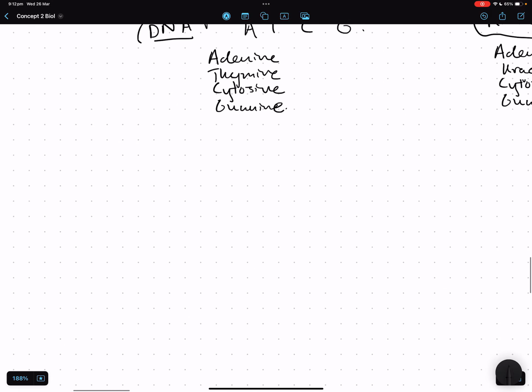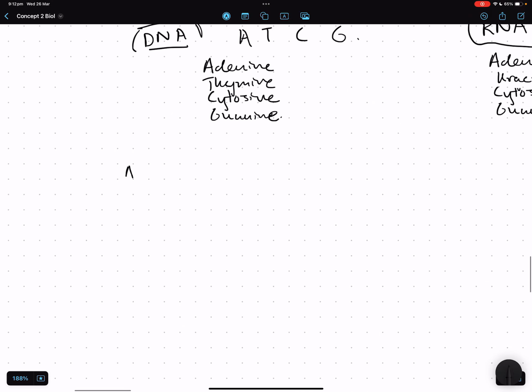So if you look at the structure of adenine, it looks like a ring sort of thing. This goes up. This is a sort of ringy thing.